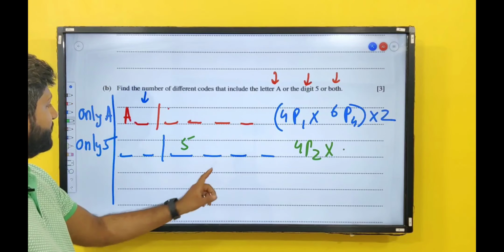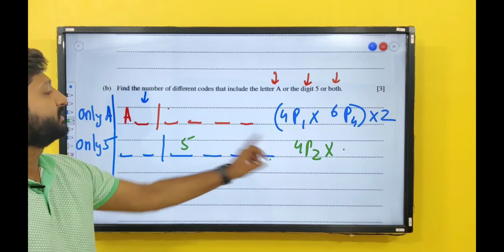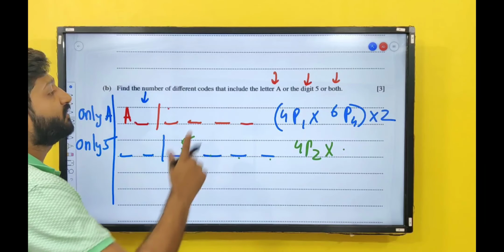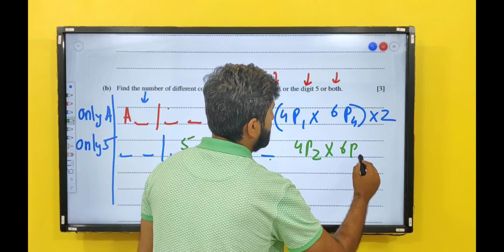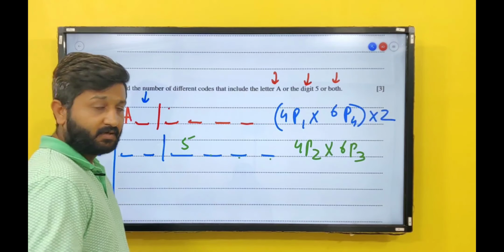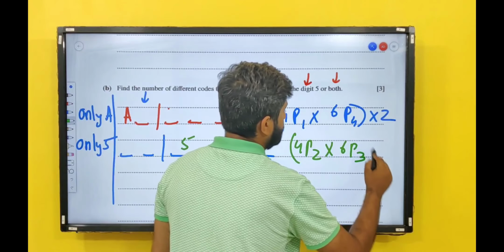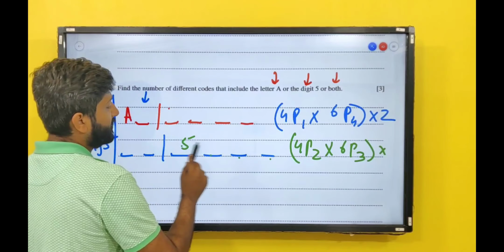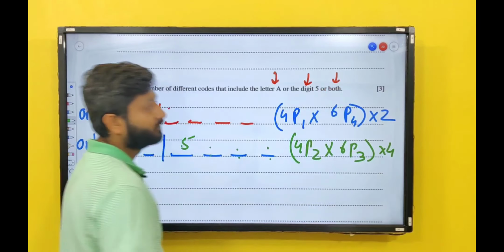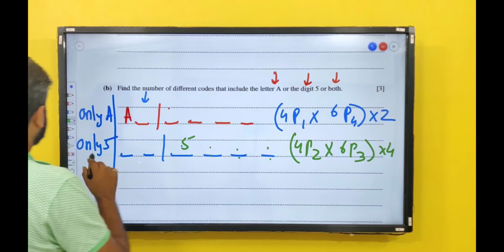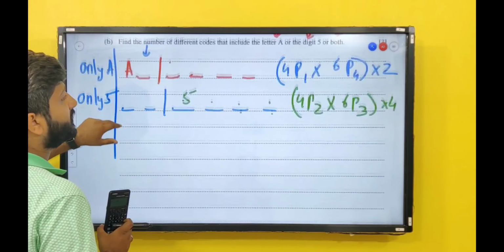I have 3 digits to select out of 6 available, so 6p3. Right? And this 5 can be here, here, here, or here. So into 4.